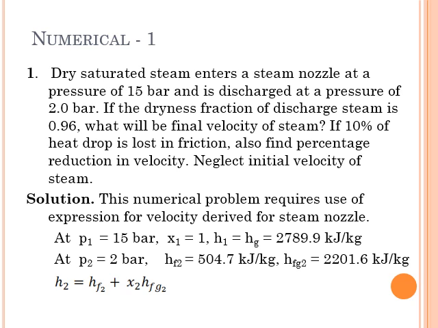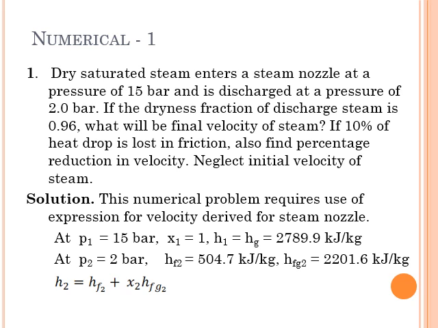At P1 15 bar, we read from the steam tables enthalpy of saturated steam denoted by Hg as 2789.9 kilojoule per kilogram. The dryness fraction at this point is 1, that is, it is dry saturated steam.